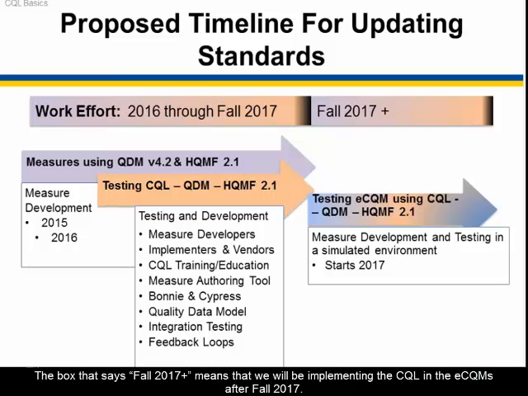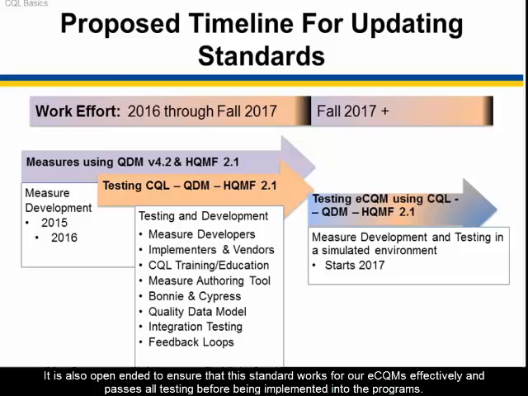The box that says Fall 2017 Plus means that we will be implementing the CQL in the eCQMs after fall of 2017. It is also open-ended to ensure that this standard works for our eCQMs effectively and passes all testing before being implemented into the programs.